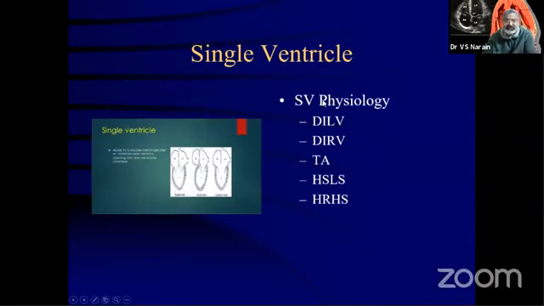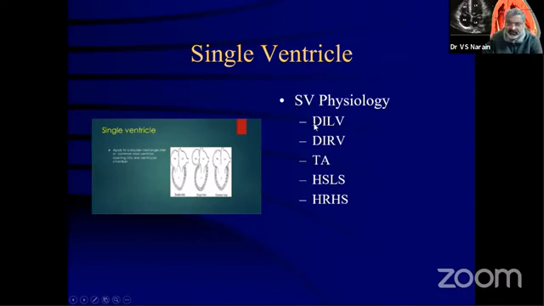And these are the different types of single ventricles. You can have 2 valves opening into one ventricle. You can have one valve atretic and the other, a common valve, opening into the ventricle, or you can have only one valve, a single valve, opening into the single ventricle. But you have a single ventricle physiology also. And what is single ventricle physiology?